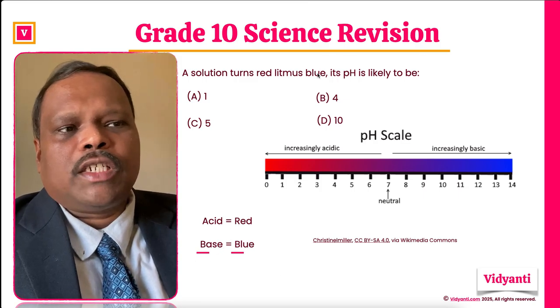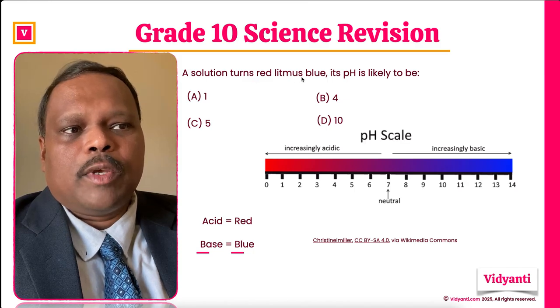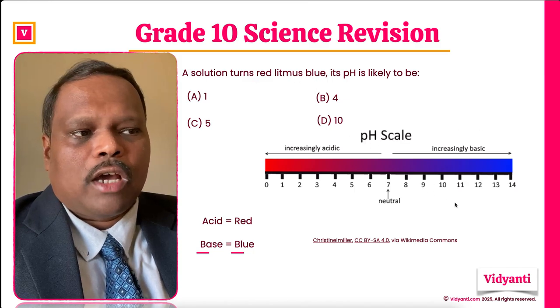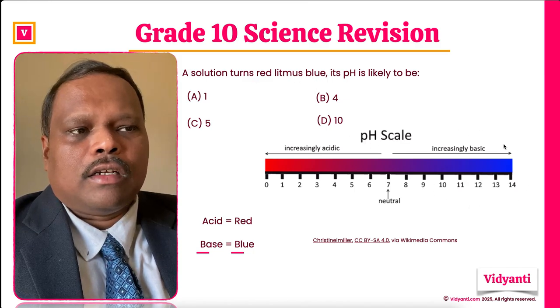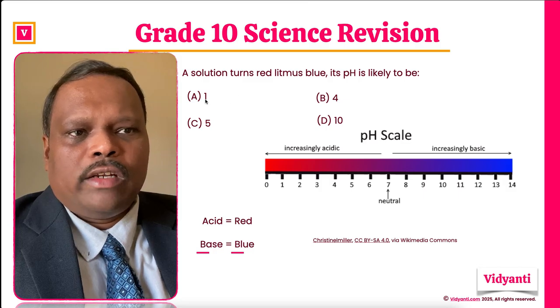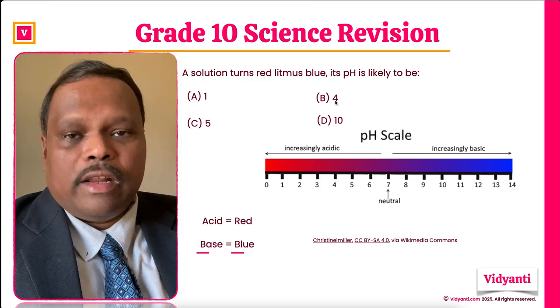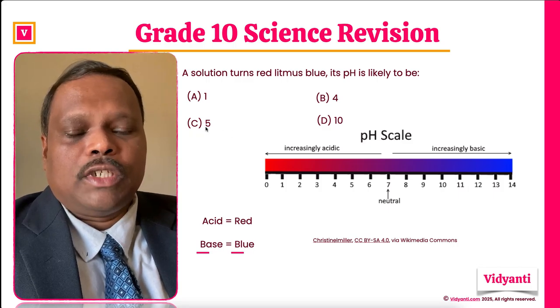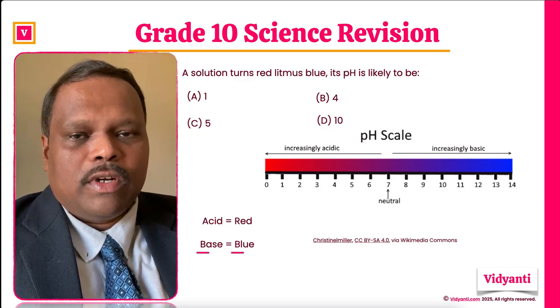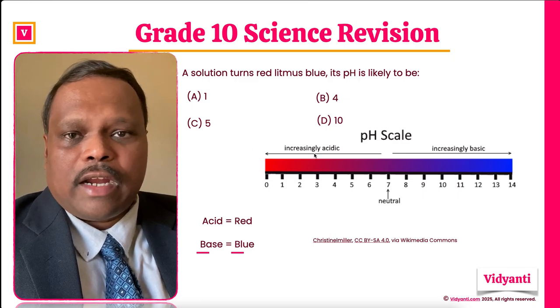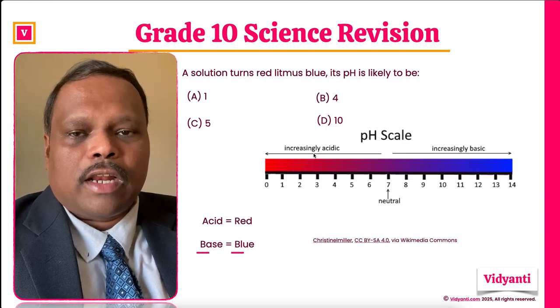Now in the question they have said red litmus paper becomes blue. So you are in the blue zone. If you check one by one, 1 is in the red zone, left of 7. 4 is also in the red zone, left of 7. 5 is also left of 7. These are all in the red area. These are acidic, so they are definitely not the answer.